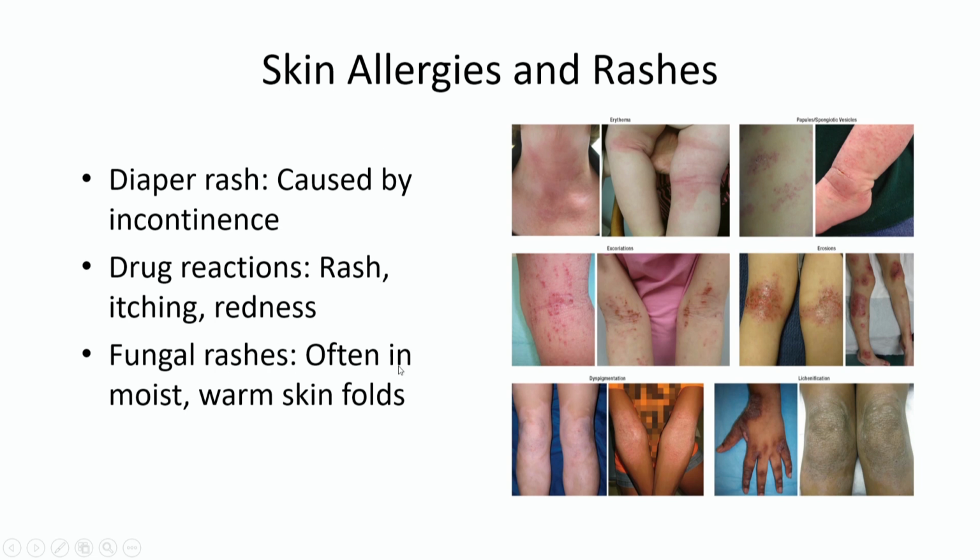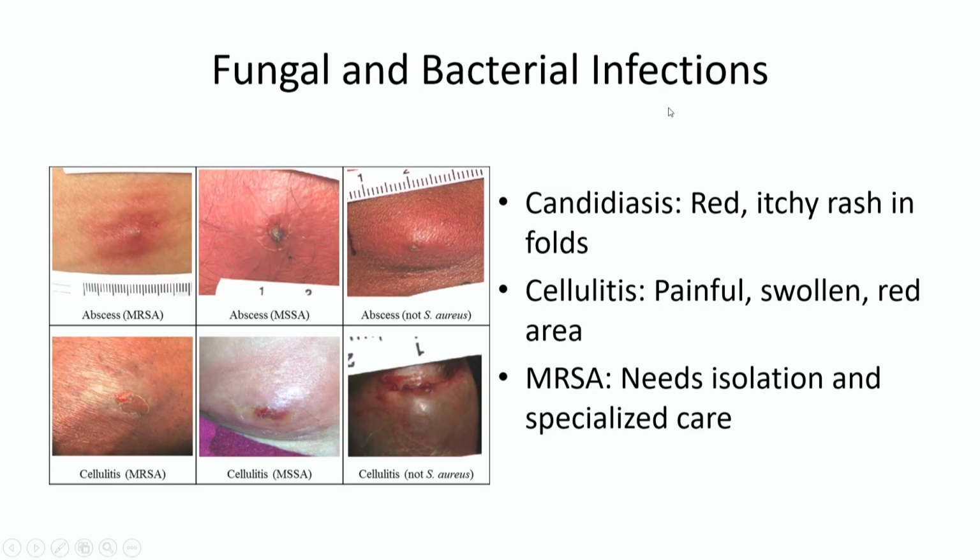Fungal rashes, often in moist, warm skin folds. You can see these are the places where rashes can appear, maybe because of diaper rashes, drug reactions or fungal reactions. Fungal and bacterial infection: red, itchy rash in folds. Cellulitis: painful, swollen, red area. And MRSA needs isolation and specialized care.